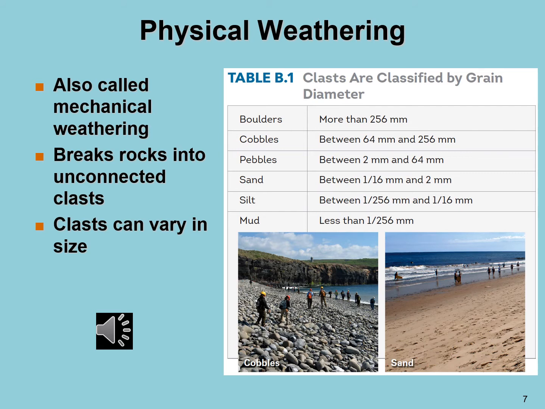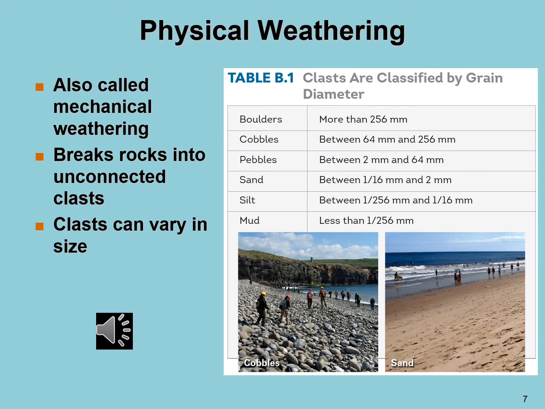Boulders have grain diameters greater than 256 millimeters or 25.6 centimeters. Cobbles range in grain diameter between 64 millimeters or 6.4 centimeters and 256 millimeters or 25.6 centimeters. Pebbles fall between 2 millimeters and 64 millimeters. Sand ranges between 1/16 of a millimeter, or 0.0625 millimeter, and 2 millimeters.